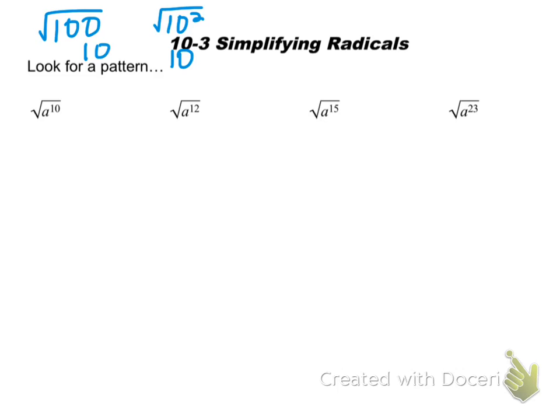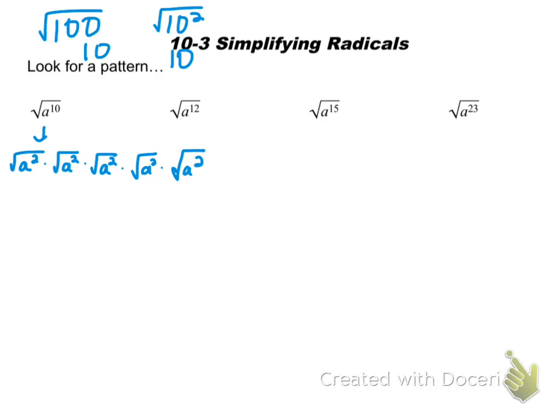So remember, when I multiply the same base number with exponents, I add the exponents. So technically, I could write this as the square root of a squared times the square root of a squared times the square root of a squared times the square root of a squared times the square root of a squared.